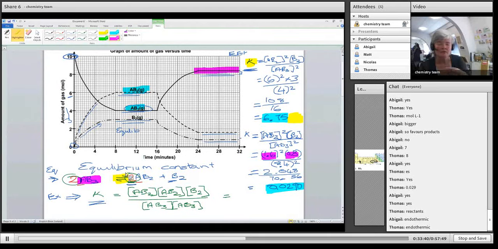So remember with Le Chatelier, if I put a change into the system, the equilibrium position is going to move in such a way as to minimize that change. So if I'm adding heat, the reaction is going to try and absorb that heat. And that's the endothermic reaction. So if it goes towards the left, towards the reactants, it means that must have been the endothermic reaction to try and absorb my added heat.